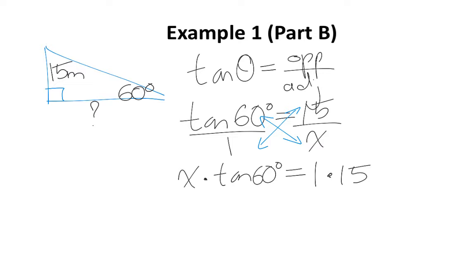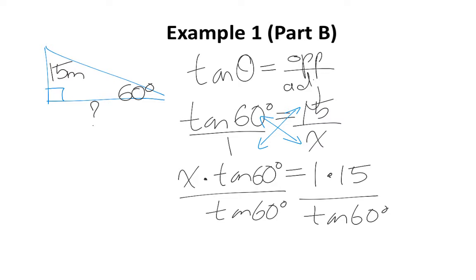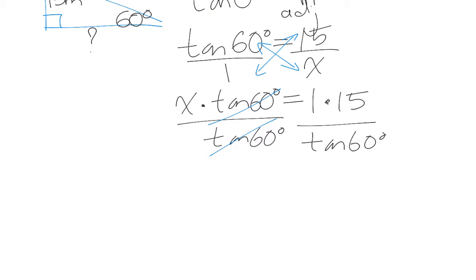Now, I want to isolate x, but x is stuck with tan 60 degrees. So let's divide both sides by tan of 60 degrees. The tans cancel out, and all you're left with is x, which is exactly what you're looking for. And that would be 1 times 15, which is 15 over tan 60.